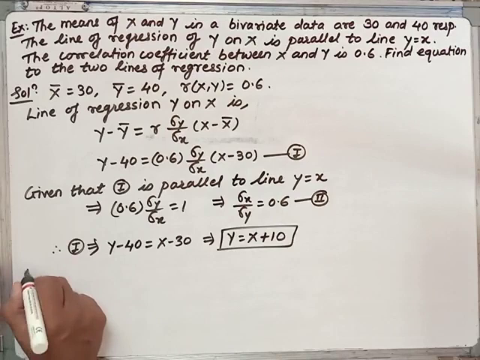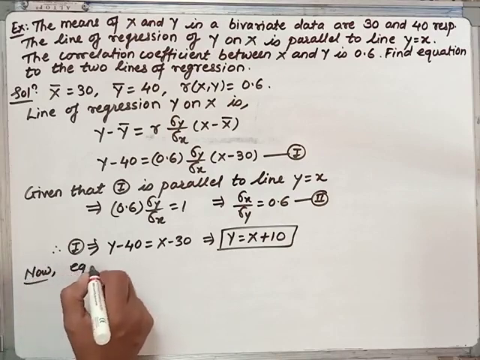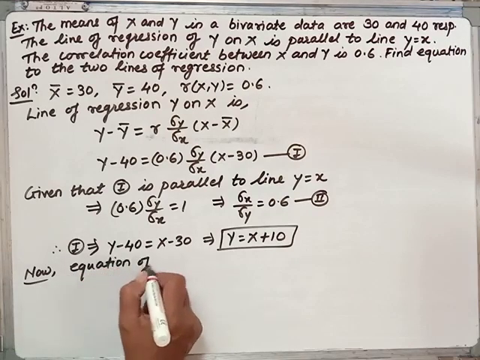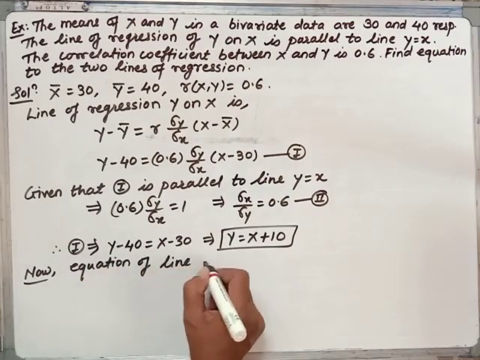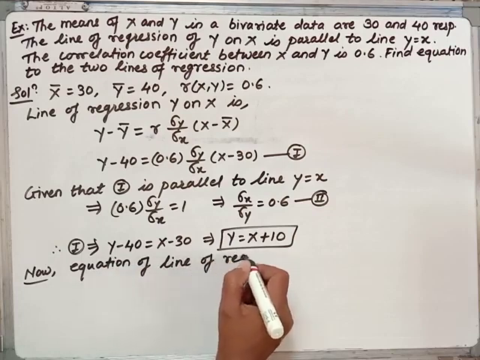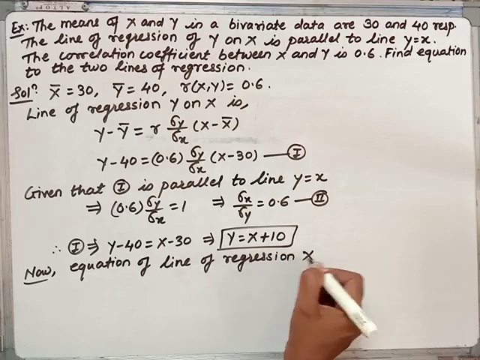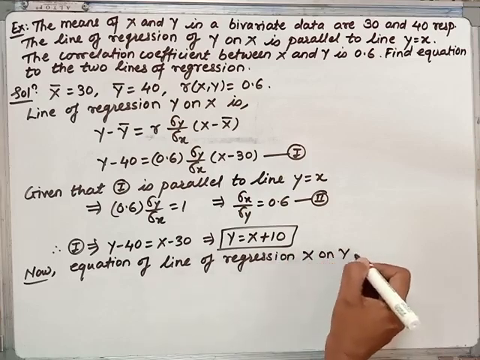And now suppose we have to find equation of the other line, that is line of regression x on y. What is it?